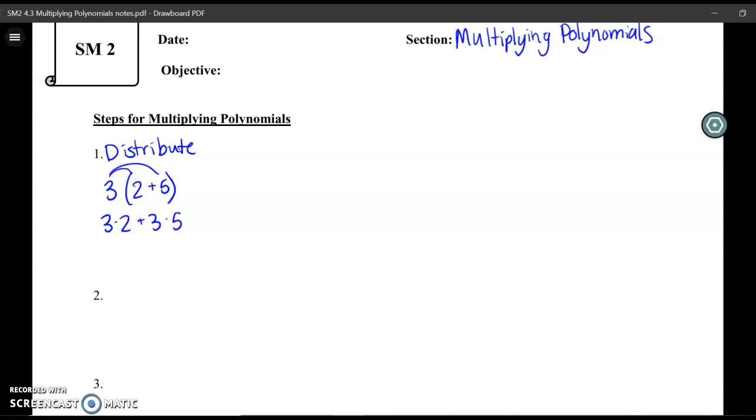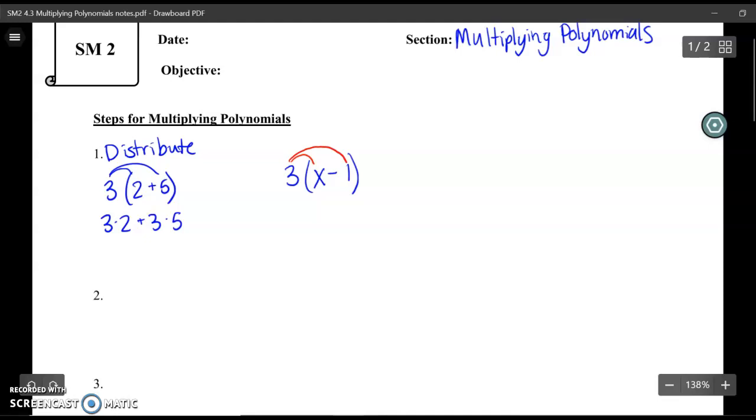So let's just take a couple looks at what distributing would look like. Say I have a 3 on the outside of a parenthesis, and then I have a polynomial on the inside. So x minus 1 is a polynomial, and I'm multiplying it by 3. So my first step is to distribute. I take this 3, and I multiply it to everything inside the parentheses.